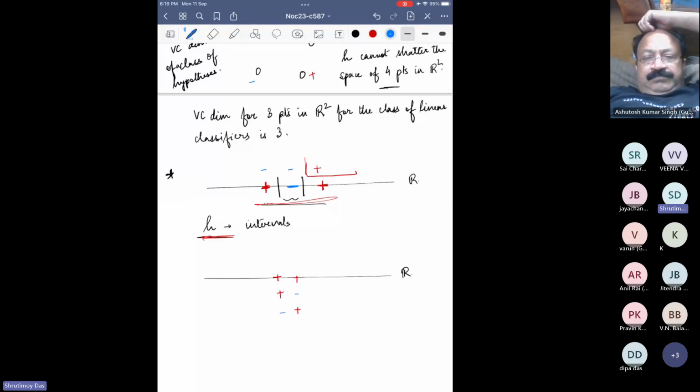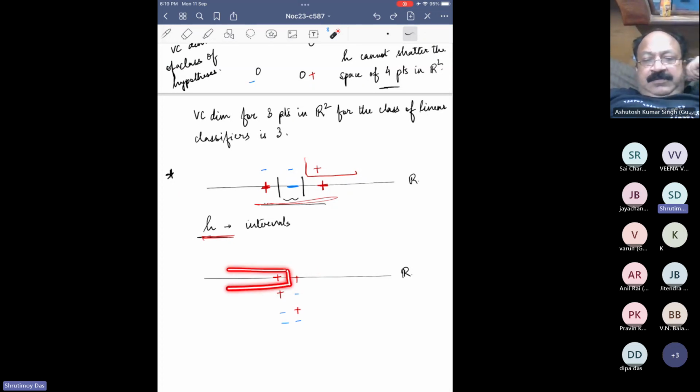If our H is an interval, then for these examples we can say that something less than this is plus and something greater than this is minus.